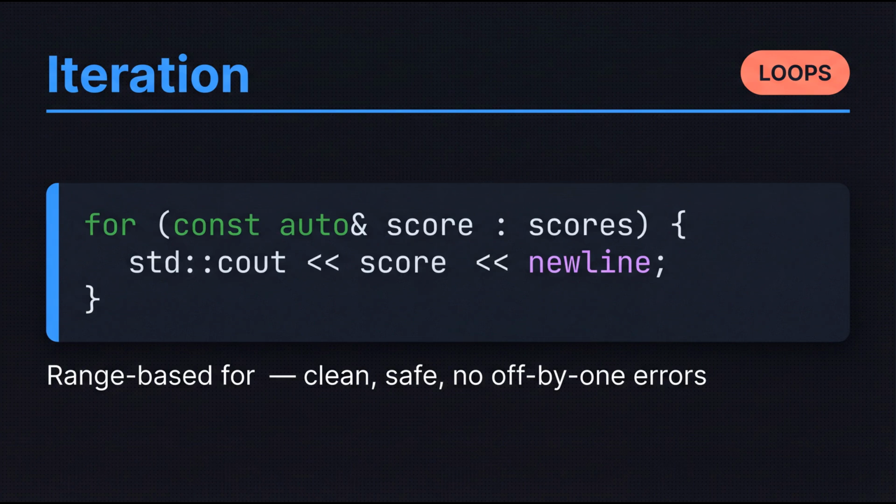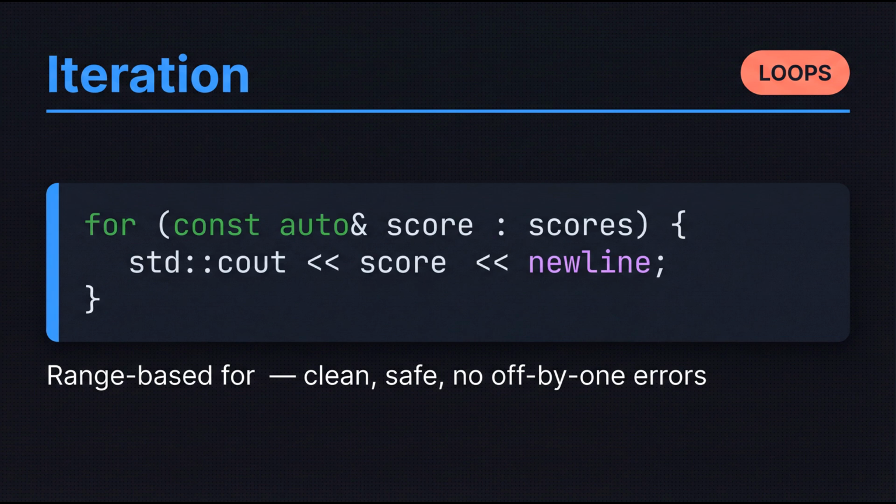The cleanest way to loop through a vector or string is the range-based for loop. for (const auto& score : scores), then print score. The const means we're not modifying the element. The auto-reference avoids copying. The colon means for each element in the container.